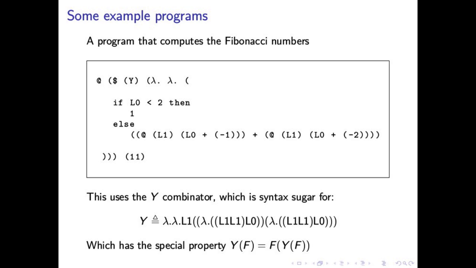Otherwise, it applies the function itself, which is the parameter L1, to L0 minus 1, and sums that to L1 applied to L0 minus 2, which is basically like doing fib of x minus 1 plus fib of x minus 2. Once we have all that, we apply it to 11 and we obtain the largest Fibonacci number we can compute in our language before running out of activation record memory.